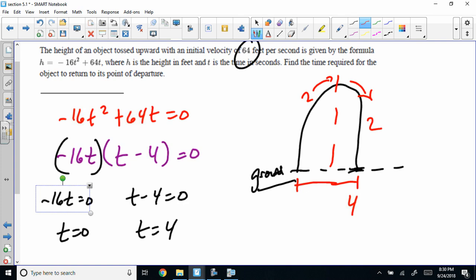Now, if it started somewhere else, then that can't be true. You understand? Because if it starts 100 feet up in the air, it takes less time for it to get to the maximum, right? Like when it hits this far up, that's the vertex.